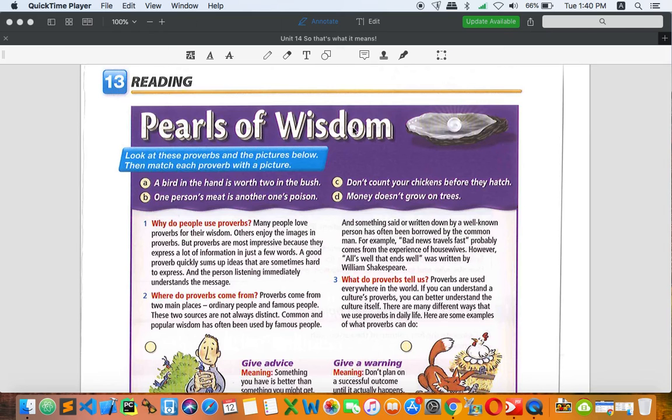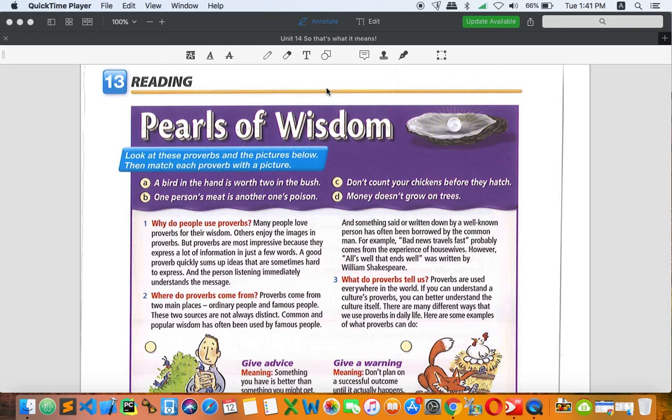And wisdom is the ability to make good judgments based on experience. All right, so why do they talk about pearls of wisdom? Maybe you have the ability to make good judgments based on your experience. This is something that you cannot just learn at school, but it is about your experience in life, and you can use it to teach anybody.